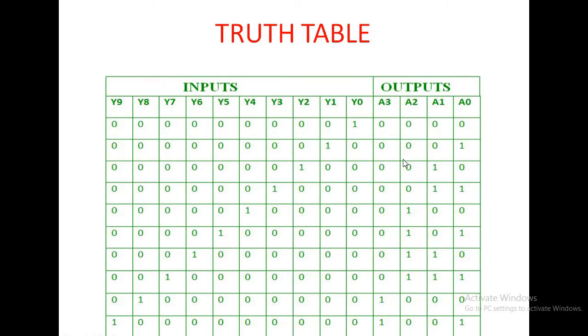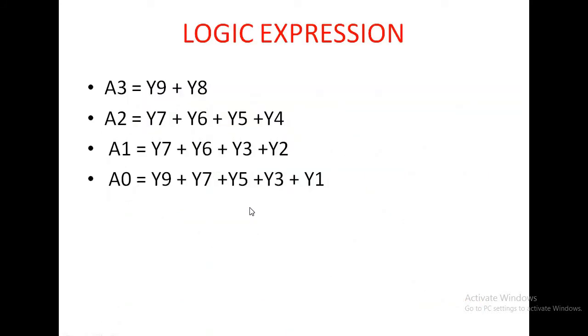So see, A2 is 1 when Y4 is 1, when Y5 is 1, when Y6 is 1, and when Y7 is 1. So A2 means Y7 plus Y6 plus Y5 plus Y4. A1 is equal to Y7 plus Y6 plus Y3 plus Y2.